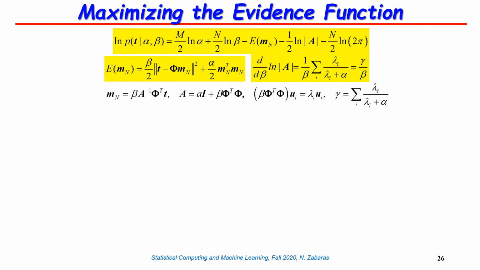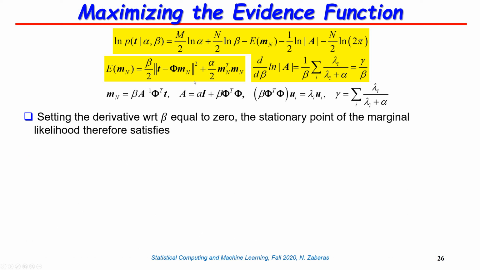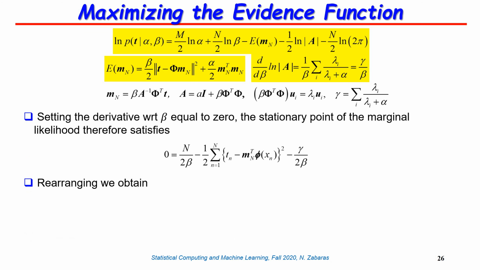Now, if you differentiate with respect to beta the other terms, you're going to have a contribution from here, where I'm only going to account for this sum of squares term, while keeping m_N constant, exactly as we did before, because we're going to do iterations. And this is what you get. Take derivatives with respect to beta equal to 0, rearrange, and this is the final result.